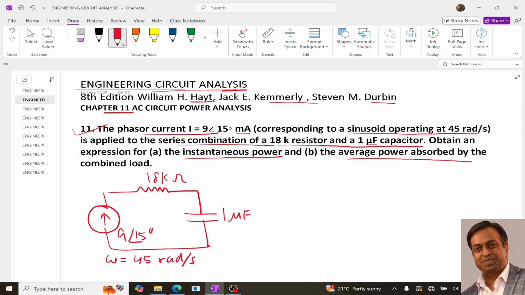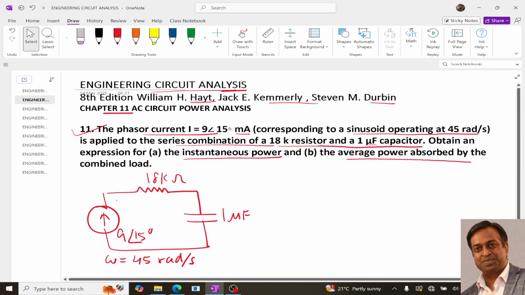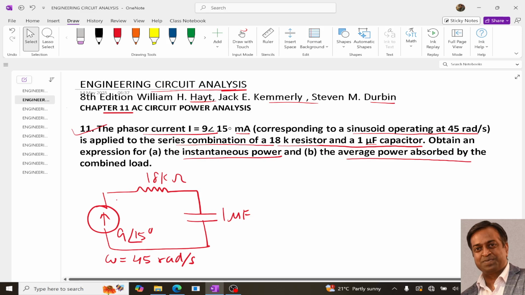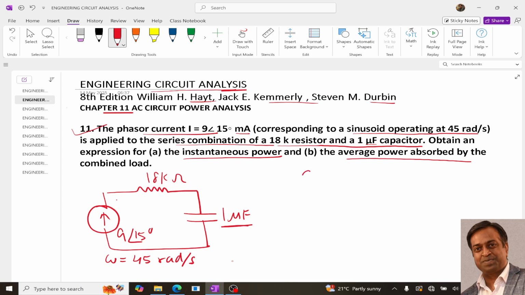Now to solve this circuit, first of all we can use the concept of impedance. As per the concept of impedance, the capacitor C can be replaced with minus j upon omega C. So minus j upon 45 into C, where C is 1 microfarad, meaning 10 power minus 6.